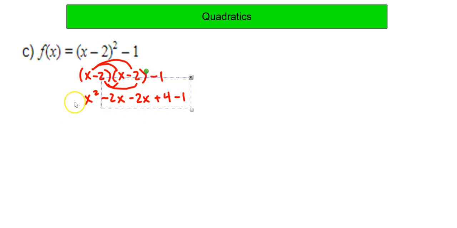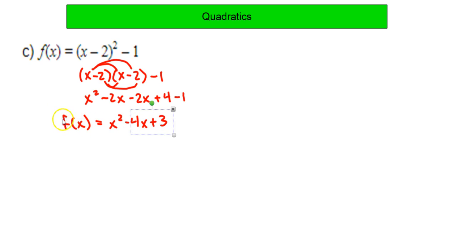And then we want to combine like terms. So an equivalent way of writing this quadratic here is x squared minus 4x plus 3. So this is in what we call standard form, and it's exactly the same as this original one, it's just in a different form.